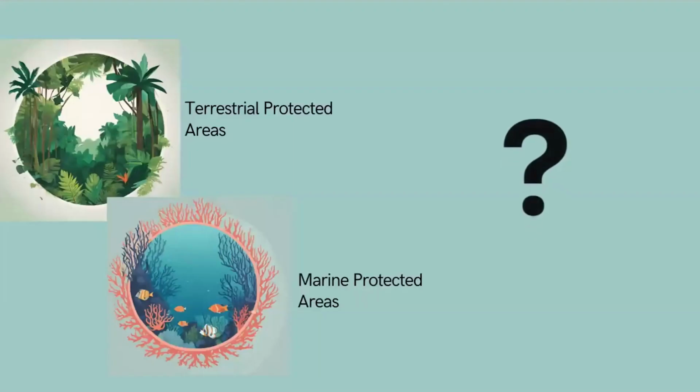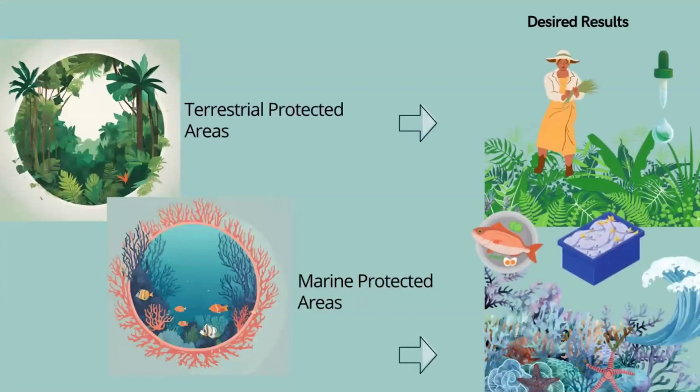So why do we ultimately create protected areas? You guys came up with pretty much all the ones that I would have said. Protected areas are usually established to improve marine and terrestrial environments and support local communities. So that includes everything from having healthy reef and forest ecosystems that provide then food security, livelihoods, medicines.